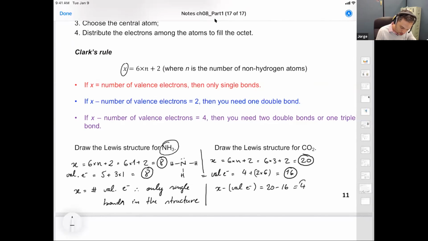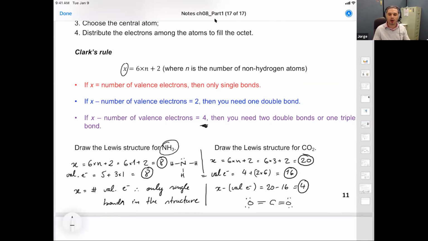That's going to yield the number 4. With 4, you are in the third case. In this structure, you will need 2 double bonds or 1 triple bond. So how do you decide between the two? Draw the two possibilities and see which one will get 8 electrons for all the atoms. We know that CO2 has 2 double bonds.